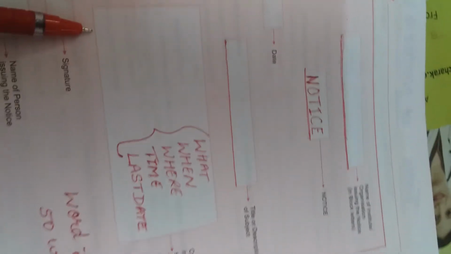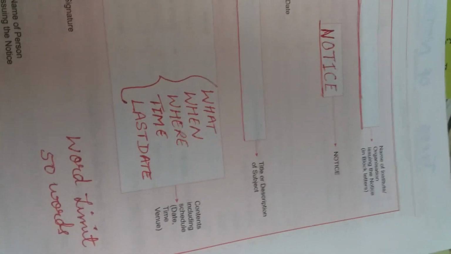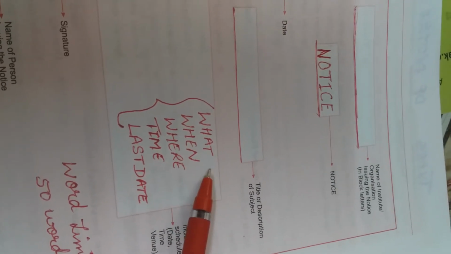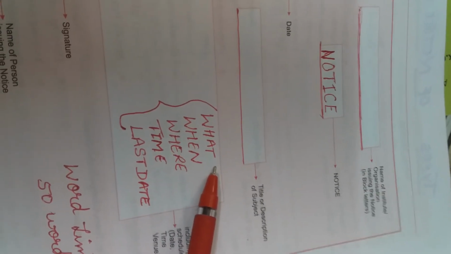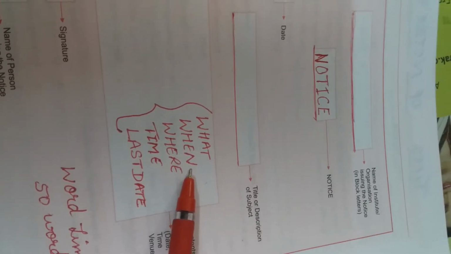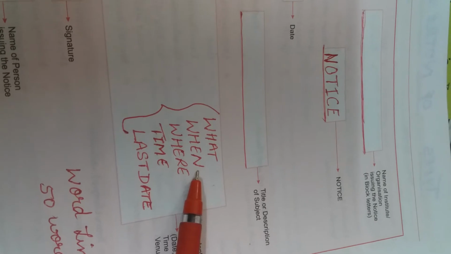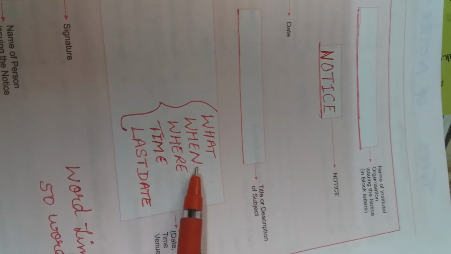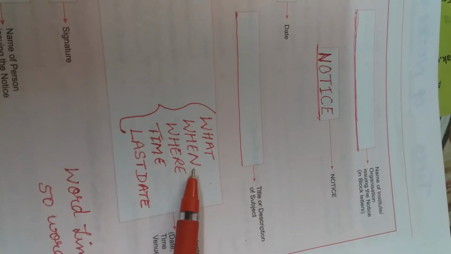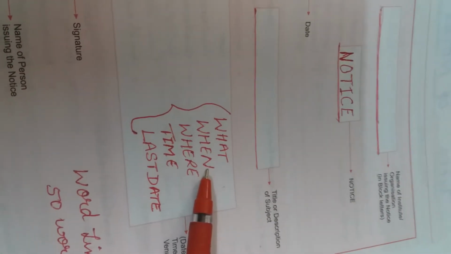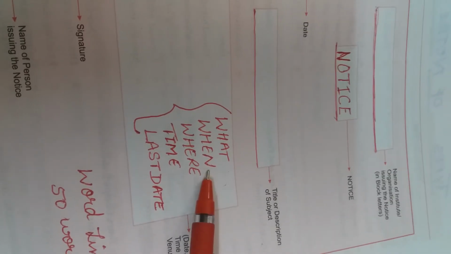Now your notice body should cover the important value points. For example, what is the notice about? Then the date when that event or activity, any competition or any sort of activity, is organized should be mentioned.